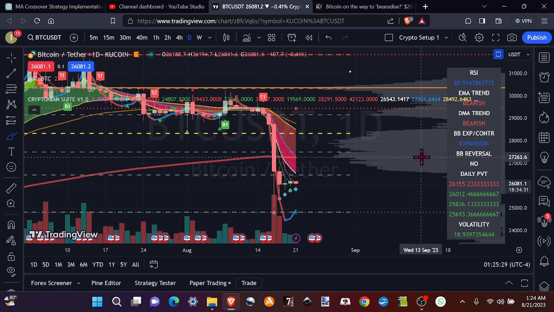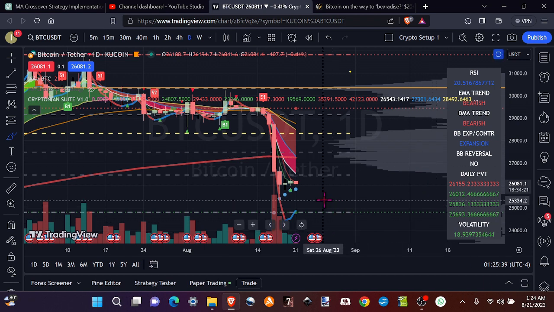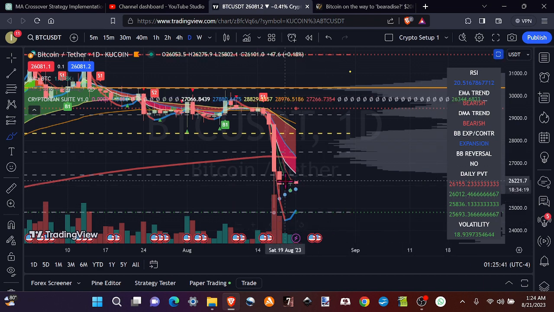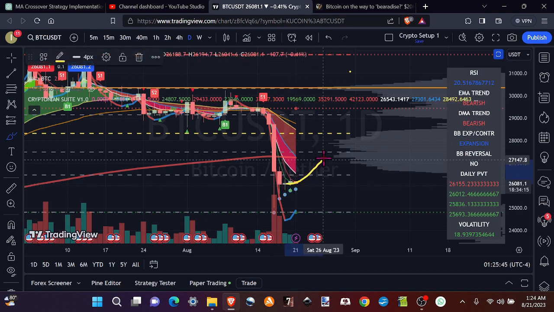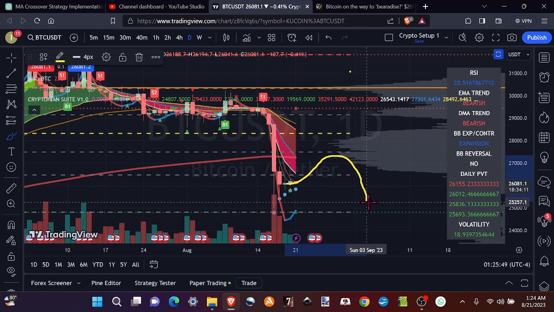It doesn't mean that it has to reverse at all when it's down in these low levels. So we need to keep that in mind. That being said, we're at 20, and we do see some type of a bounce usually in this area, but many times it continues lower.